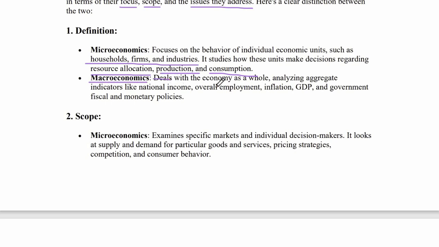It focuses on the behavior of the economy as a whole, analyzing aggregate indicators, that is total indicators, complete indicators like national income, overall employment or unemployment for that matter, inflation and GDP, and government fiscal and monetary policies. So it looks at all of these things in aggregate, in total. This was the definition of micro and macroeconomics.